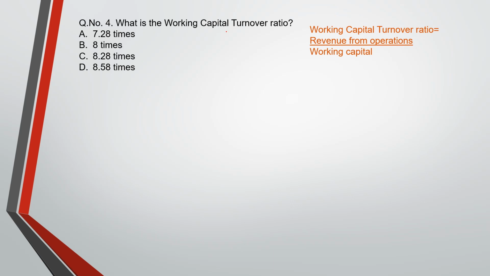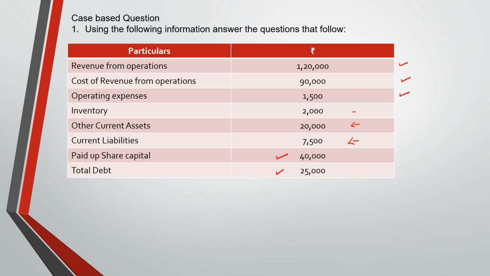Next, we have what is working capital turnover ratio. The formula for working capital turnover ratio is revenue from operations by working capital. Now, the revenue from operations is how much? Here, if you see, the revenue from operations is 1,20,000. For working capital, we have to know the formula, which is current asset minus current liability.